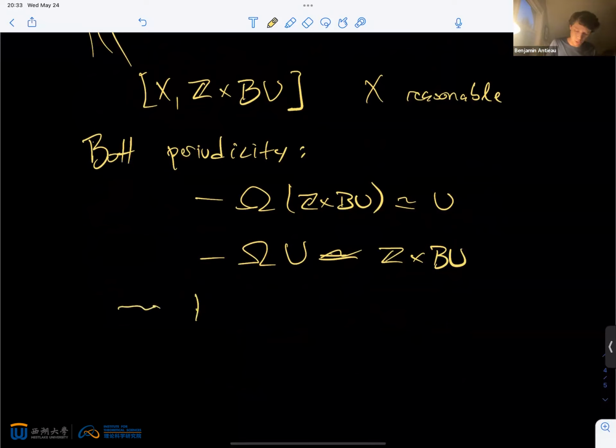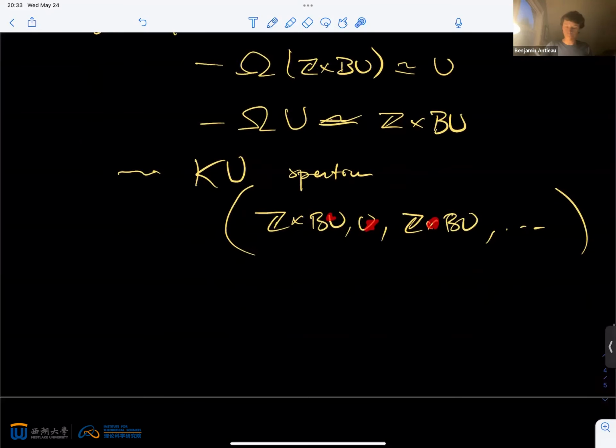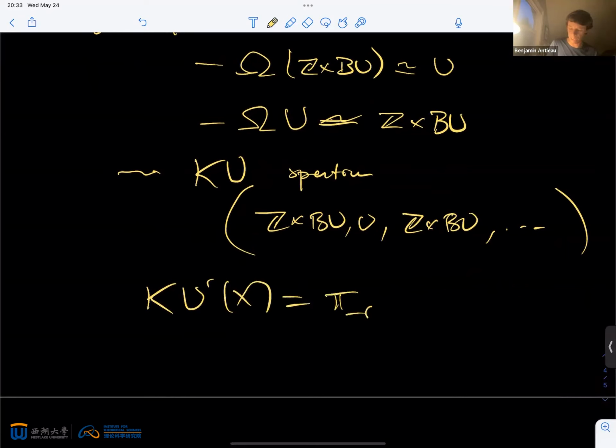So these assemble into a spectrum, Z cross BU, U, Z cross BU, and loops of this is this, loops of this is this, and so on. Then the topological KU cohomology of a space X is pi minus R of the function spectrum from X to KU.